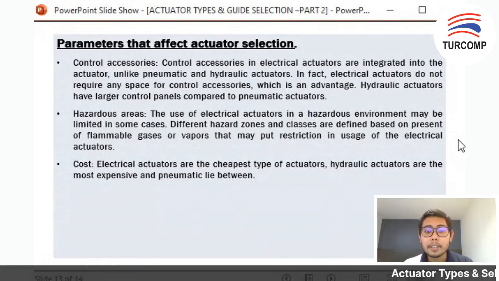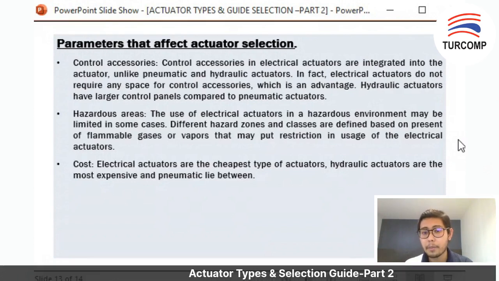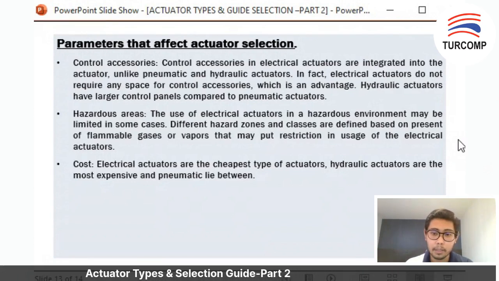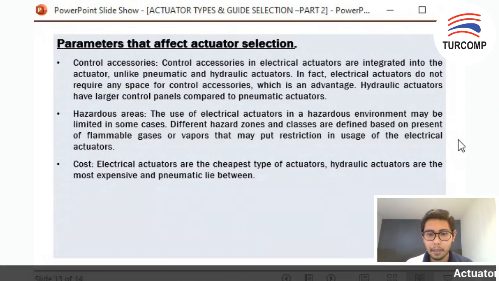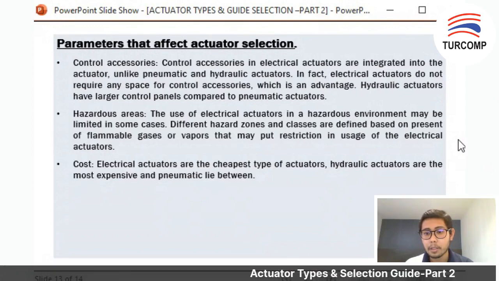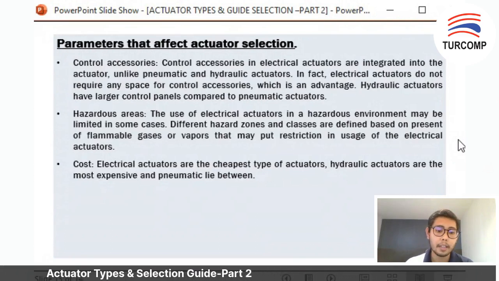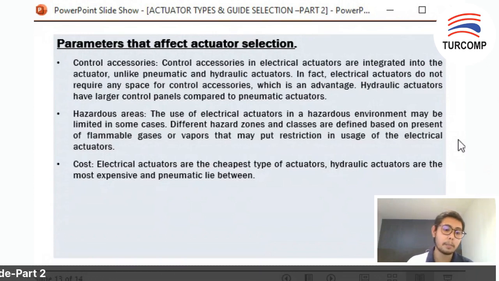Number seven, for hazardous area, the use of electrical actuators in a hazardous environment may be limited in some cases. Different hazard zones and classes are defined based on the presence of flammable gas or vapors that may put restrictions on the usage of electrical actuators. Let's say we have an electrical actuator in a place where there is a presence of H2S or flammable gas.